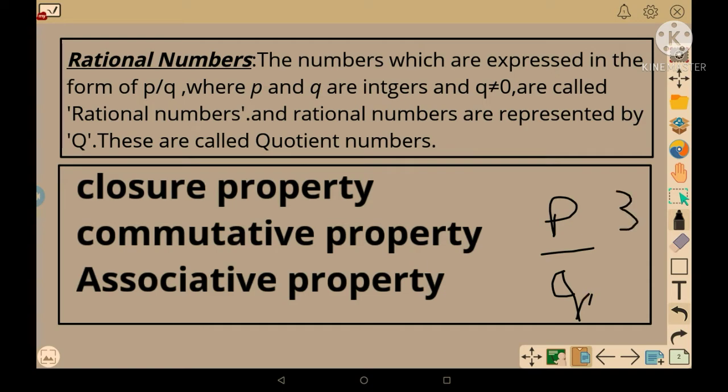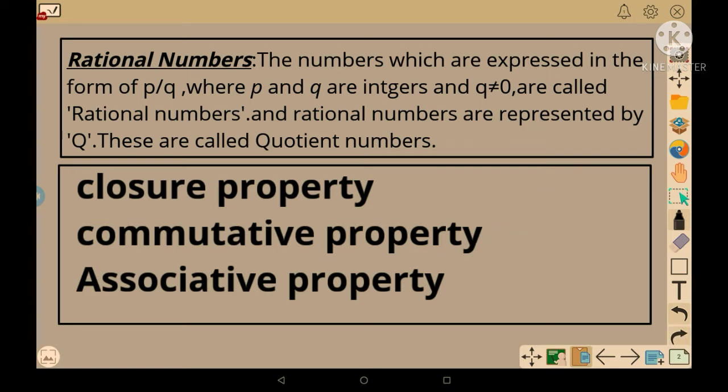Let's take the form of 3 by 2. Now 3 by 2 is a fraction. We can add with it and do other operations. But if we have 3 by 0, we cannot do anything, not even cancellation, so it is not defined.